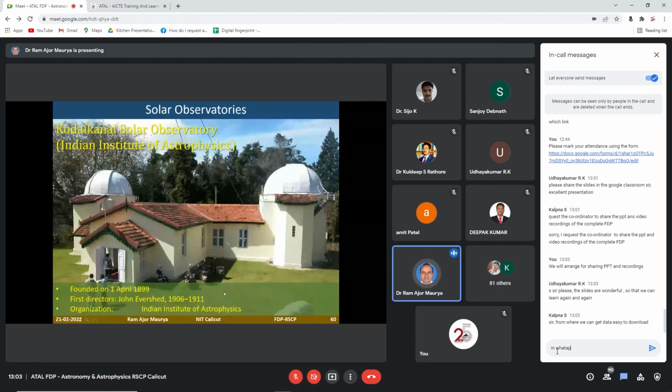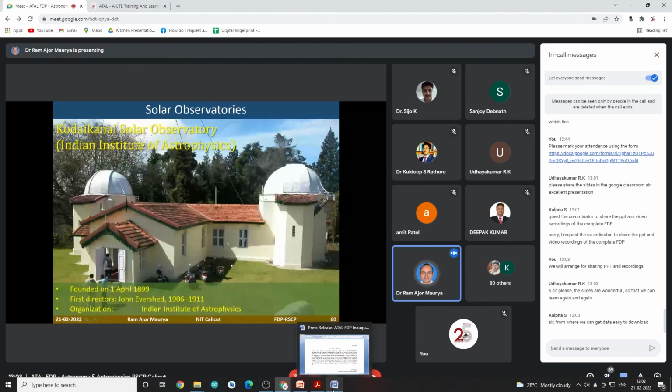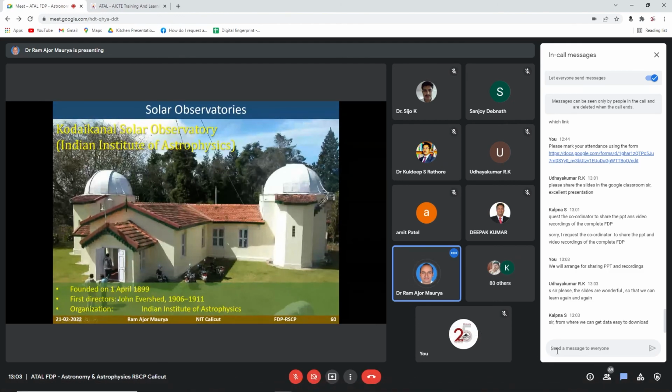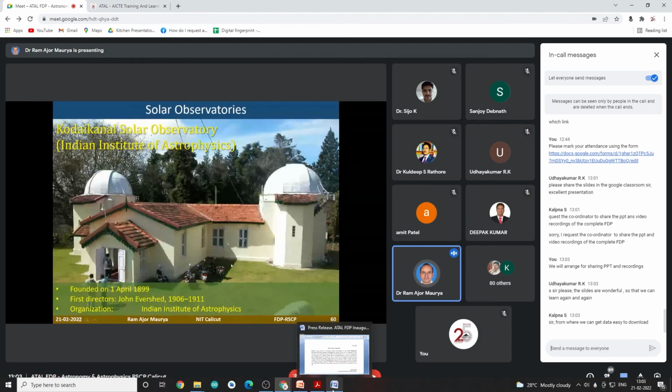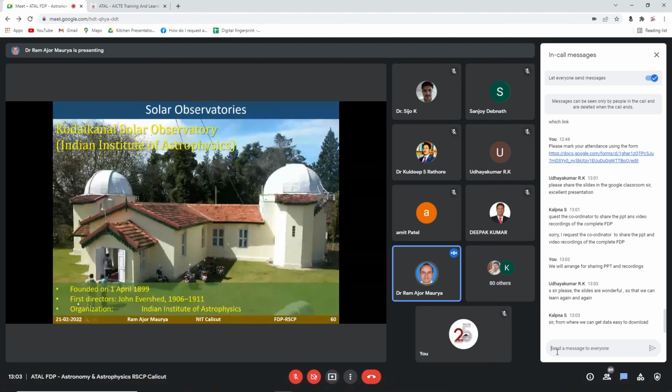And from space we can also observe. Some space-based observatories are Parker Solar Probe, IRIS (Interface Region Imaging Spectrograph), Solar Dynamics Observatory, Hinode, TRACE, and SOHO.